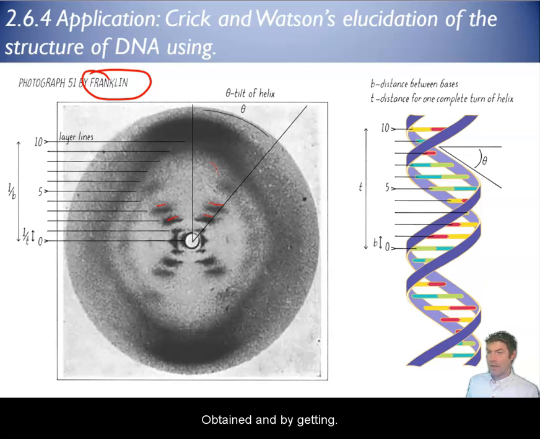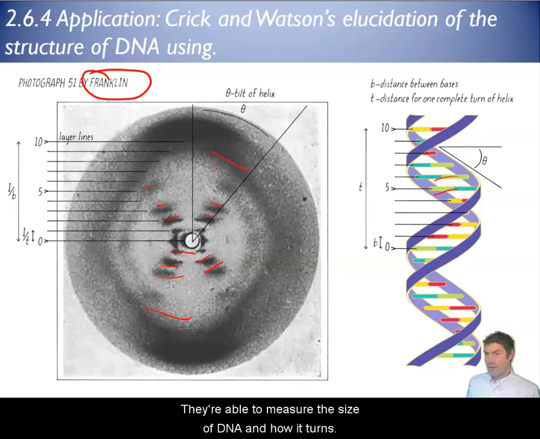And by getting the distances on this image and then these marks here, they were able to measure the size of DNA and how it turns, where the nucleotides, where the bases are positioned, where the backbone is positioned.